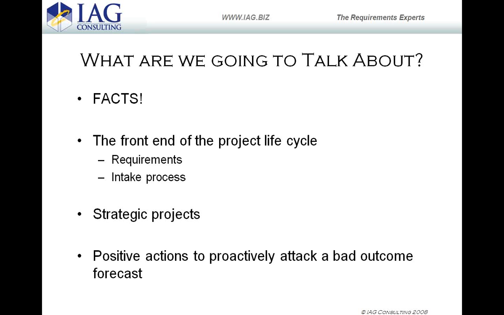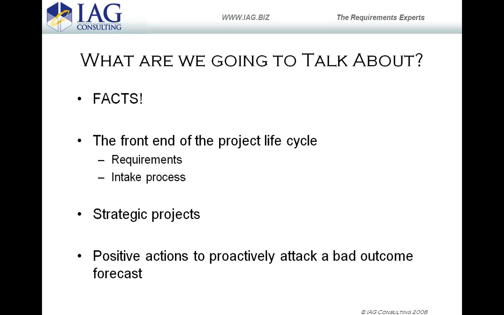All of those facts are from studies that you can pull down from www.iag.biz, and they're the business analysis benchmark and different ones in there. We're going to talk about the front end of the project lifecycle. So often, when people look at projects, they do the review post factum. Geez, that one died. What would we want to do better the next time around?